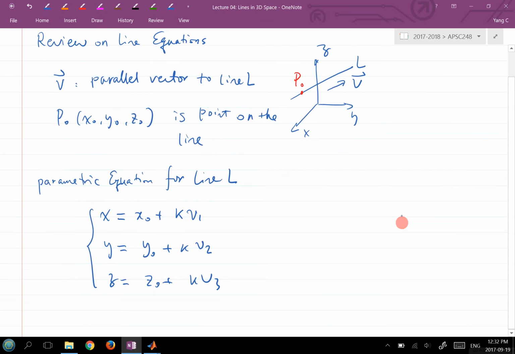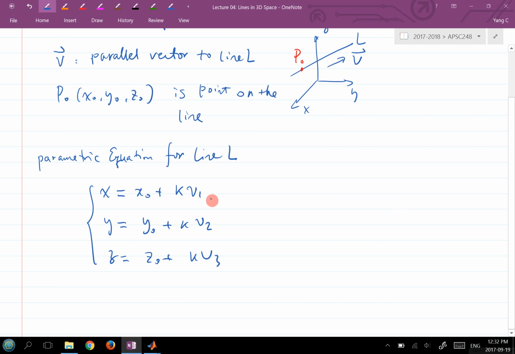So this is the so-called parametric equation. And here, the k is a parameter. This is how it's defined. Everything, x, y, and z, is in terms of the parameter k.